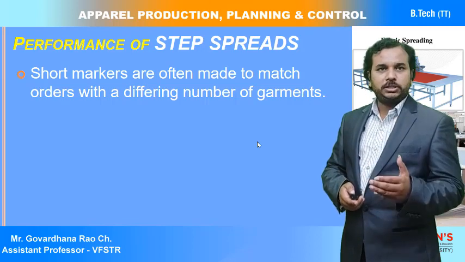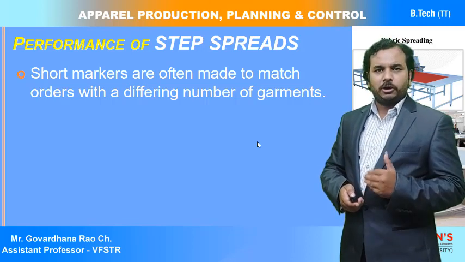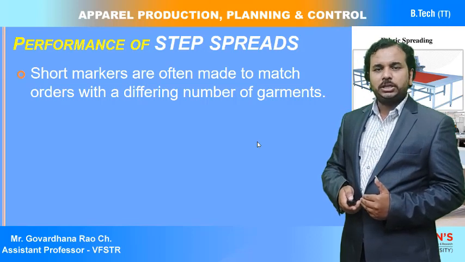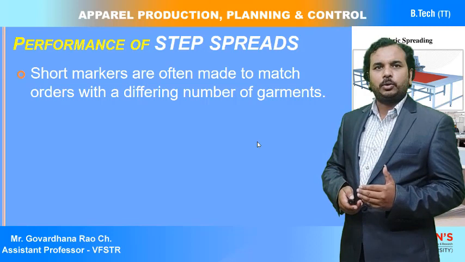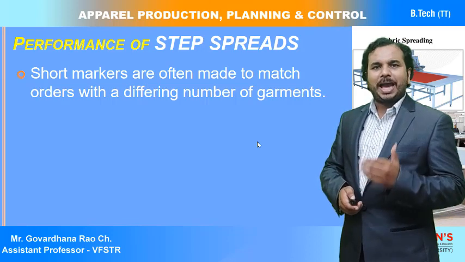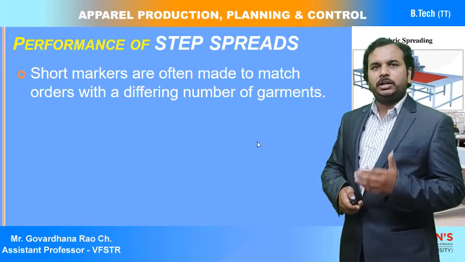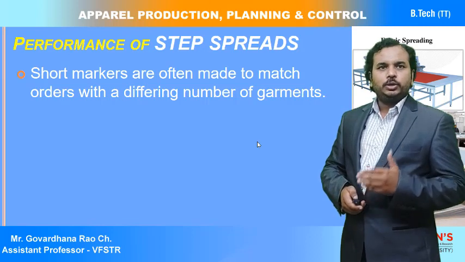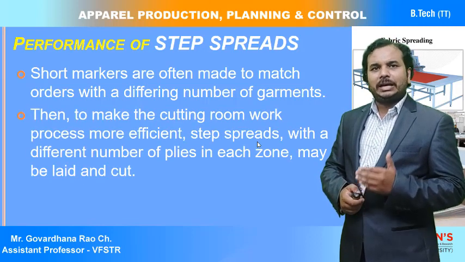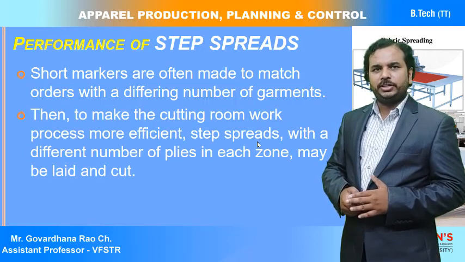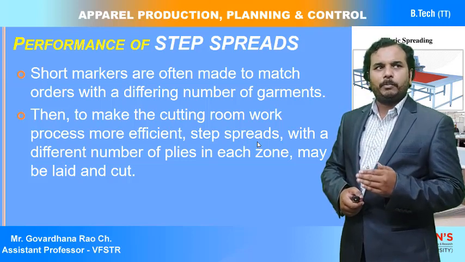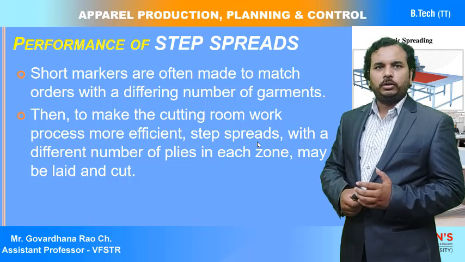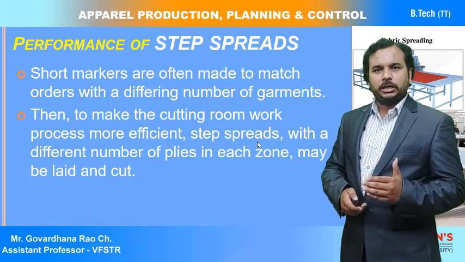Because we will see here, short markers are often made to match orders with a different number of garments. To make the cutting room work process more efficient, step spreads with a different number of plies in each zone may be laid and cut.